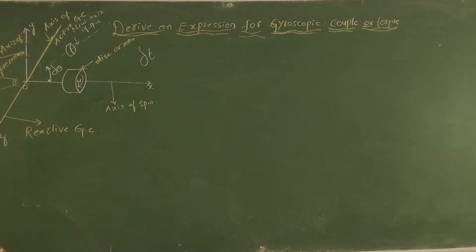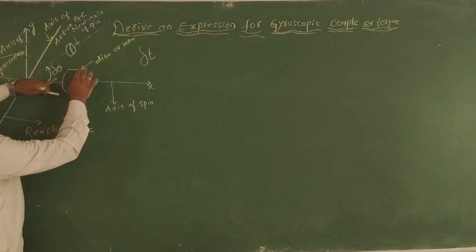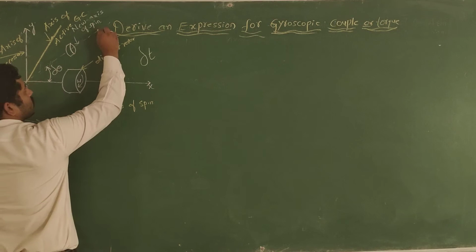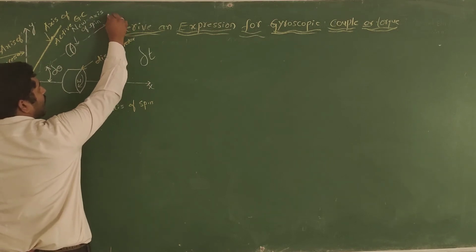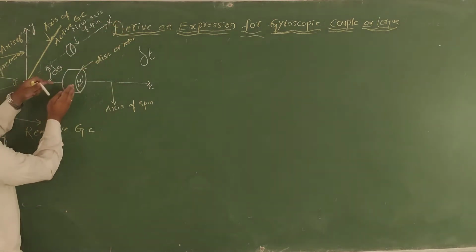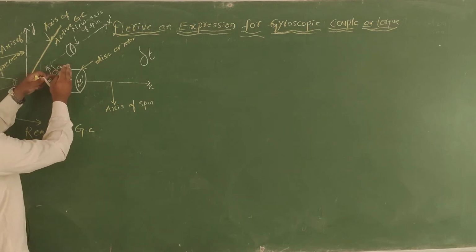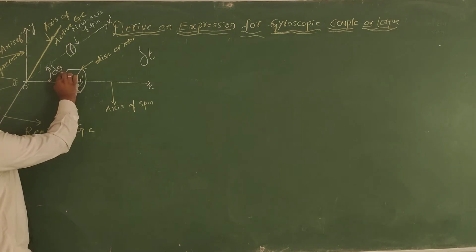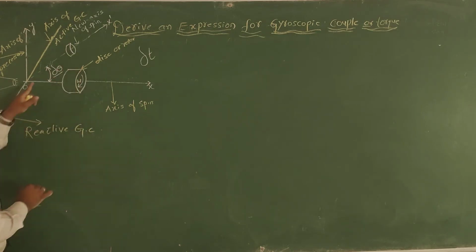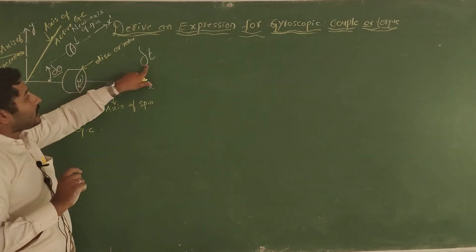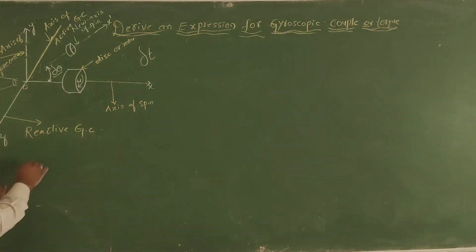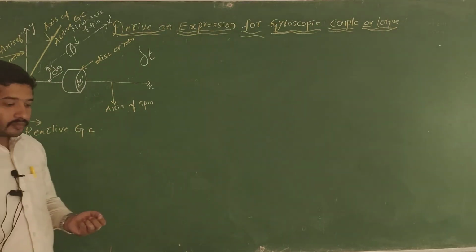So the disc is rotating from X to X dash. They are making a small angle change. Delta theta is the small angle change, and delta t represents the small time change. Is it right?